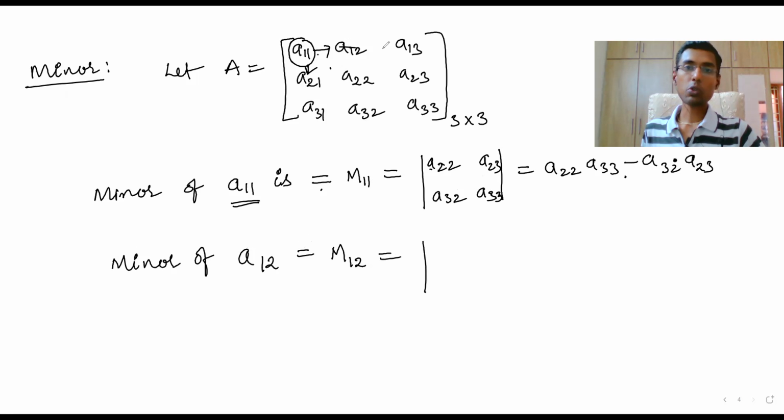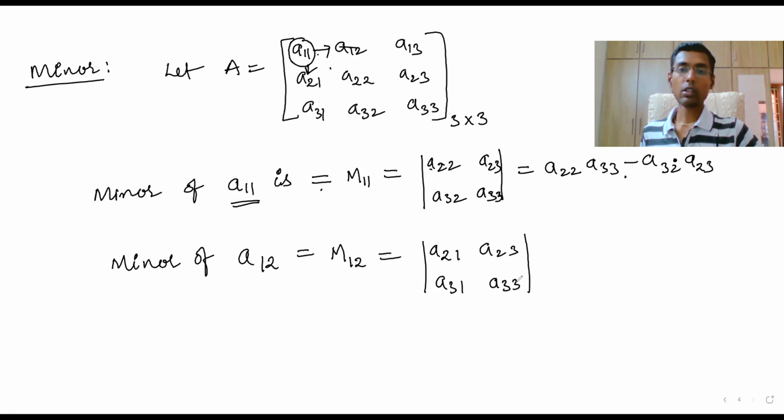So what should you do? You remove the first row and you remove the second column. If you remove the first row and second column, you get A21, A23, A31, A33.